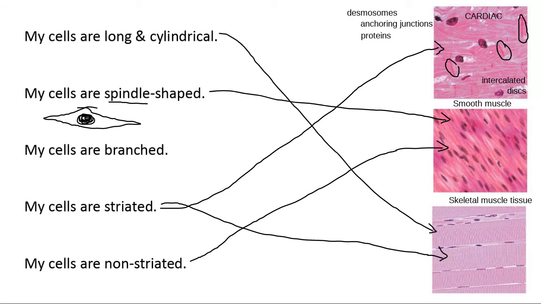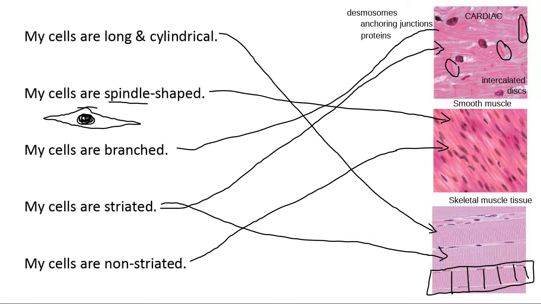You can see that when we're looking at this image. Notice how this cell looks kind of like a tube. It's a long, skinny tube. It's got those stripes on it. That's what we see in skeletal muscle tissue, long and cylindrical cells. Compared to cardiac muscle, which we would say is branched.